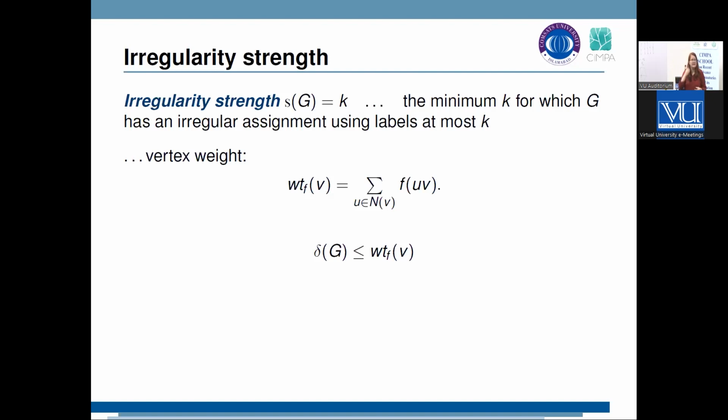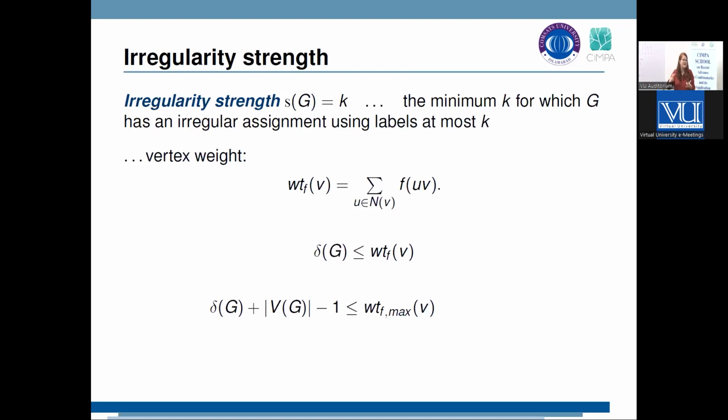And now, how do we get the minimum for the maximal vertex weight? It's the same as we had here. We know what the minimal weight is. It must be at least the minimum degree of the graph, and then we have to get distinct weights.